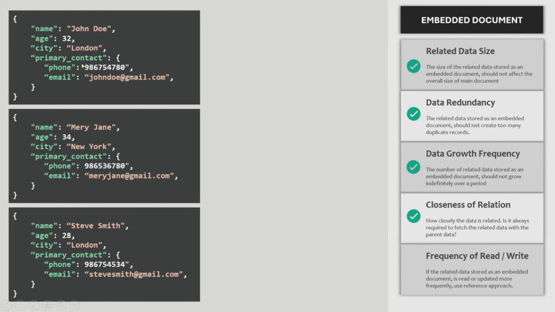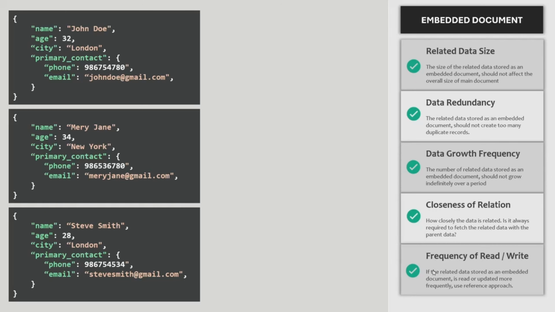We are not going to read the primary contact of the customer independently. Whenever we are going to read the customer detail, with that only we are going to fetch the primary contact. We are not going to fetch the primary contact details independently. Also, once the primary contact is set, it will not be updated that frequently. So in that regard also, embedded document approach is best here.